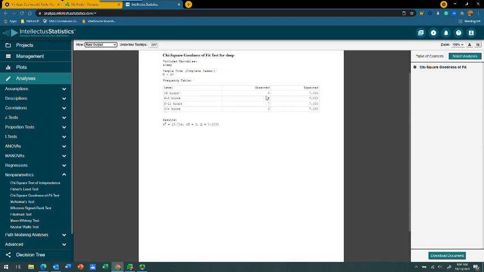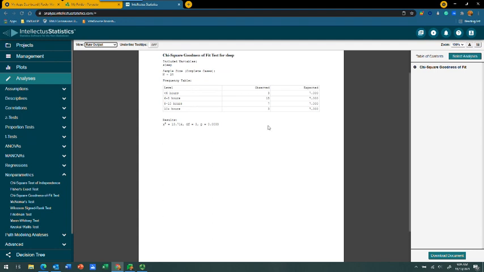We can see that the most frequent choice is 6 to 8, and the least frequent choices are less than 6 and more than 10. Based upon this p-value, we can conclude that this difference is not likely due to chance, but is likely due to true differences among these individuals as far as the number of hours that they sleep.